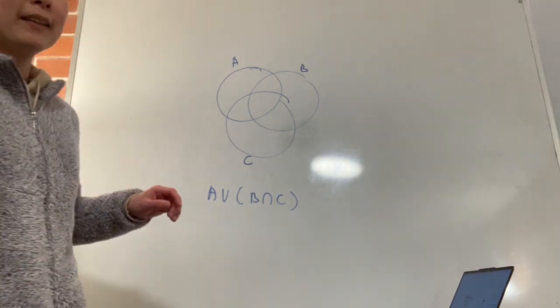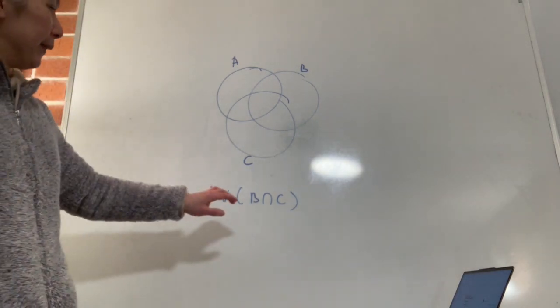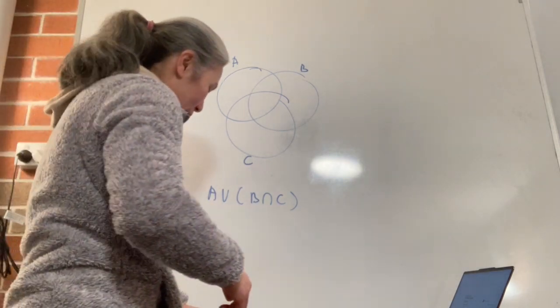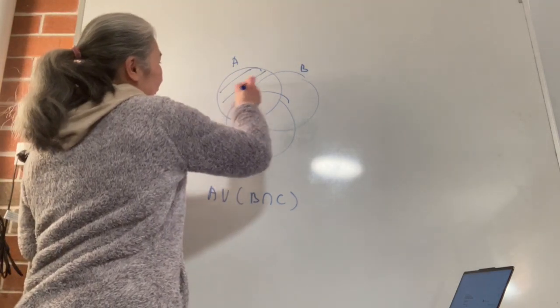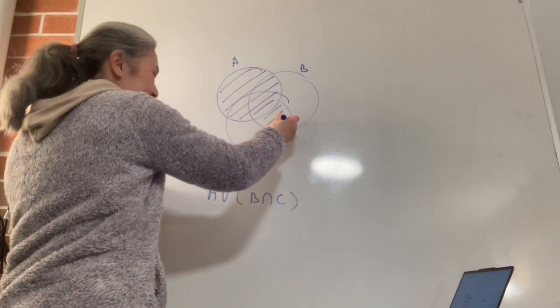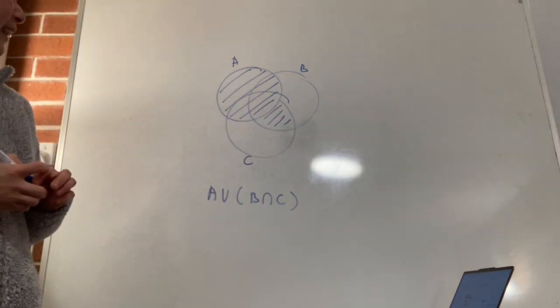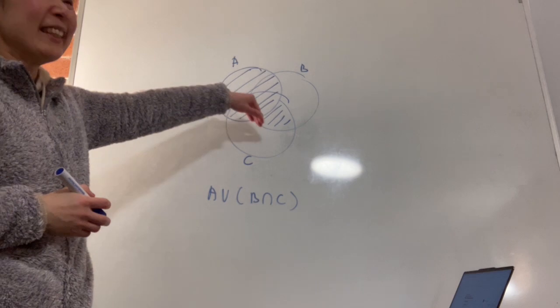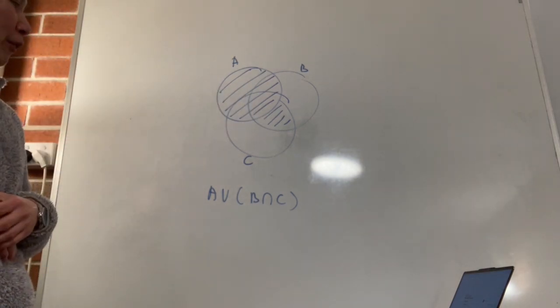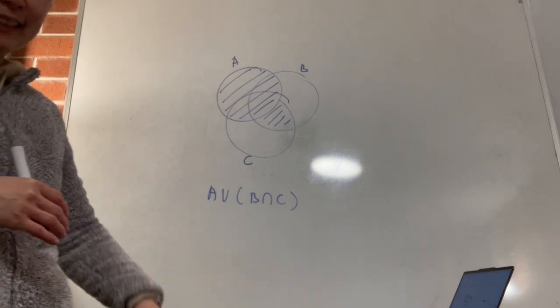So if it's A union, yep, and it's all of A, all of A, yes, all of A. Good. Then it's B intersection C, so that's the shared bit between B and C. So then the red bit would be the middle, and then B and C. Yeah, this whole thing. Yes, the whole A, and then the sharing part between B and C. Wait, so is it only that bit?